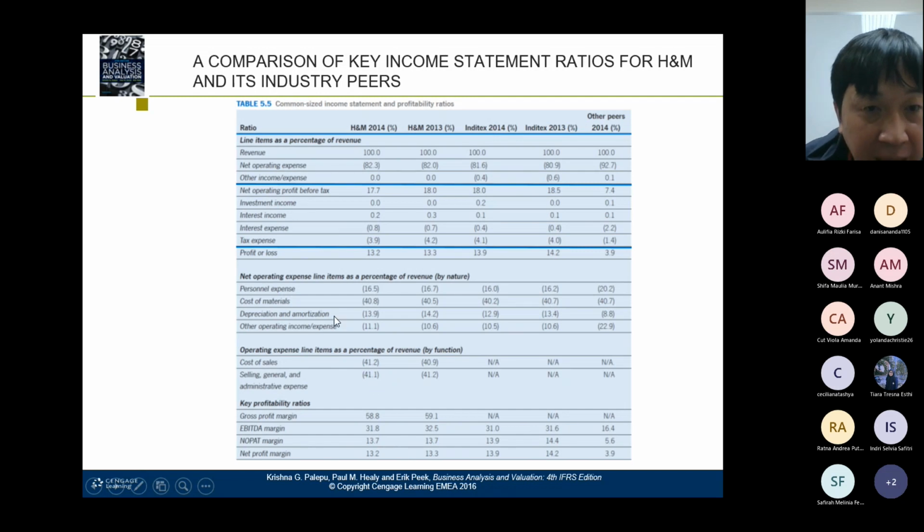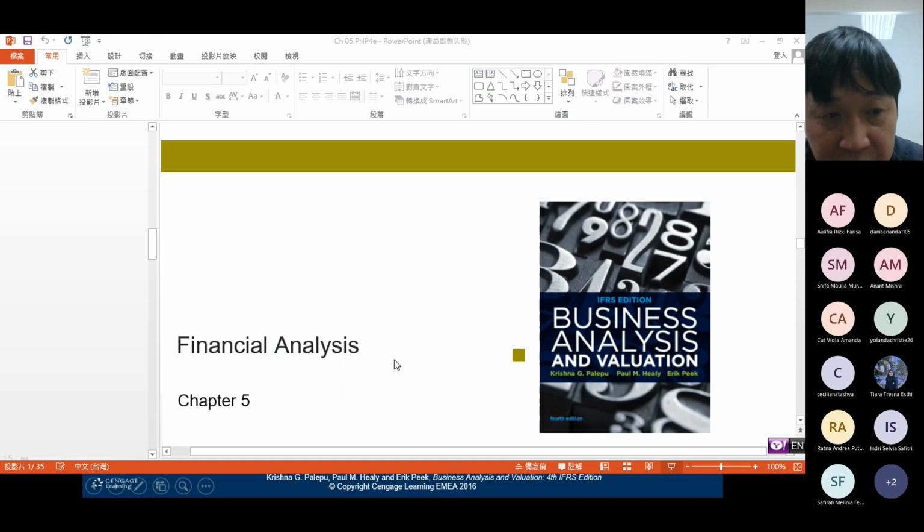For EBITDA, you need to minus this and this. You check that. All right, and on PAT, net profit margin here is 13.2 percent. So any questions?